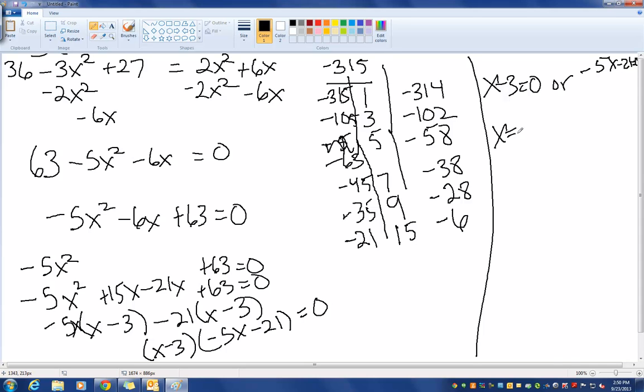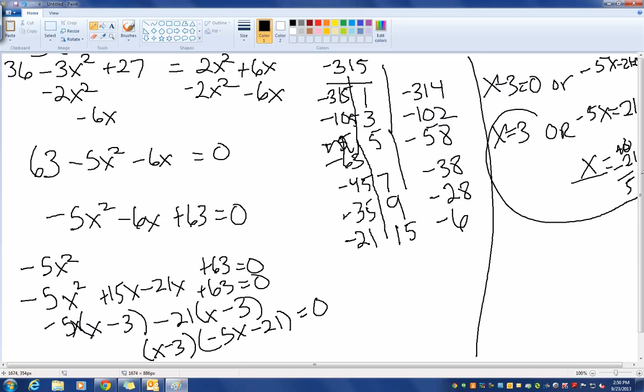This means x equals 3 or negative 5x equals 21, adding 21 to both sides. Divide both sides by negative 5, and you've got x equals negative 21 over 5. So it looks like we get 2 possible solutions.